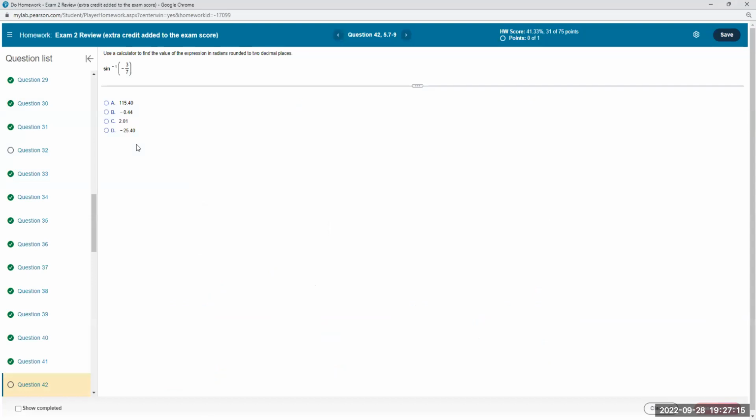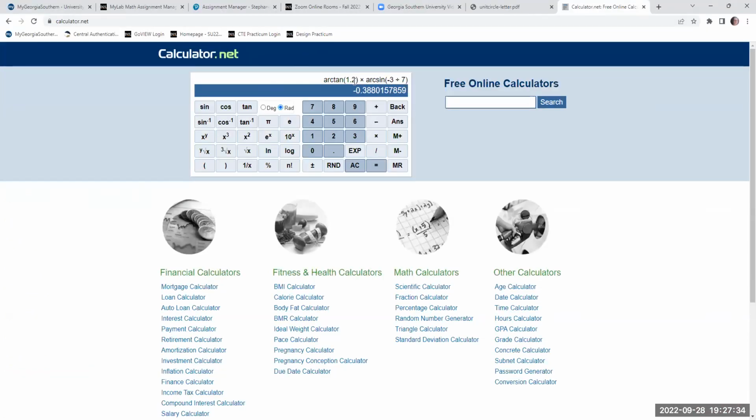For some reason, that is not right. Let me try that again. Oh, I didn't delete my problem from the previous one. Okay, sine inverse, 3 divided by 7, change the sign, and we get negative 0.44.